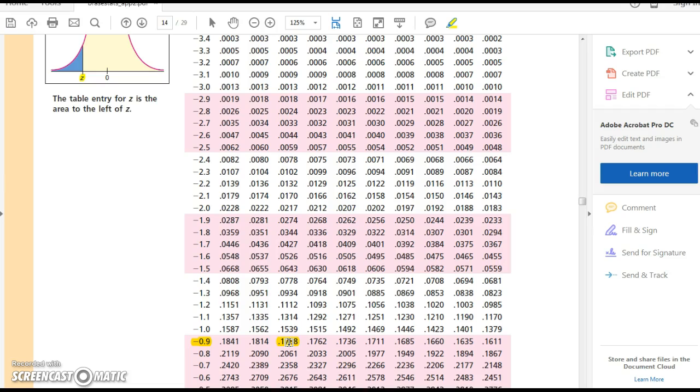So I would take 1 minus 0.1788 to get 0.8212, and once again round that as indicated in the problem.